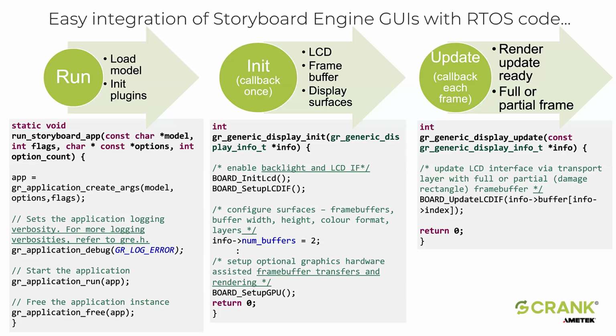This is where the GR generic display init function is called once and only once when we're starting up. So here we're setting everything up. We're telling Storyboard where the buffers are, and we're also doing some things to enable the hardware acceleration and turning the GPUs on.